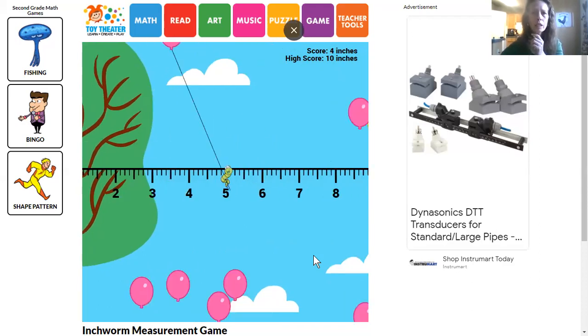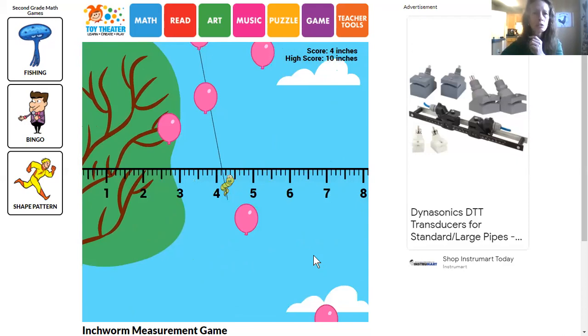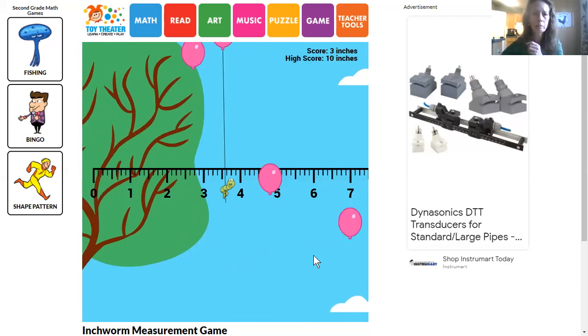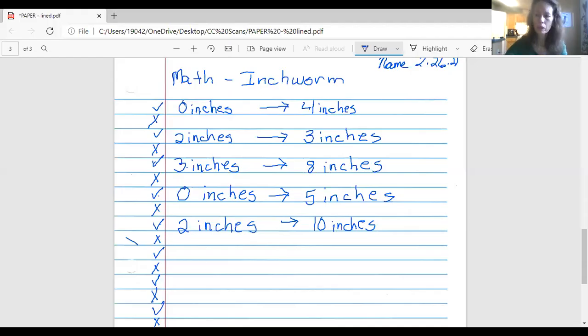We went from 1 inch to 6 inches that time. All right, here. 1 inch to 6 inches. All right. Come back up.